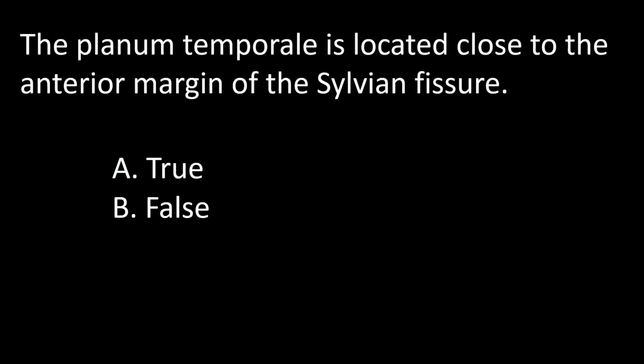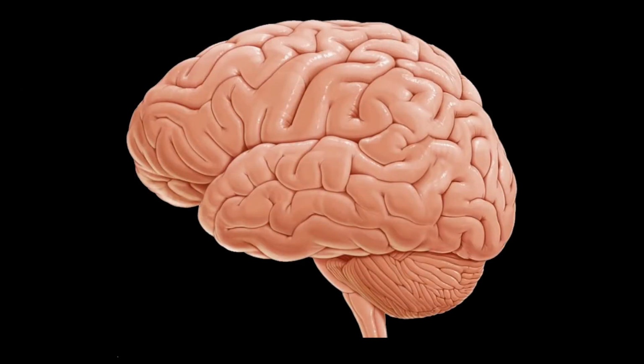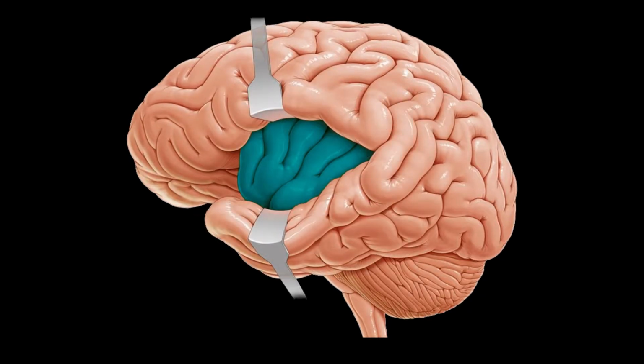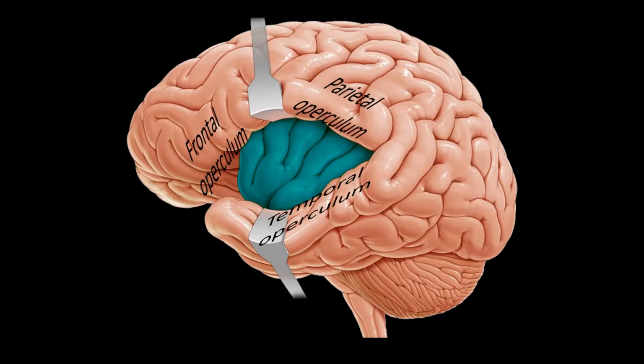Next question. The planum temporale is located close to the anterior margin of the sylvian fissure. A true, B false. Again, we are looking at the lateral surface of the brain. Open the opercula.